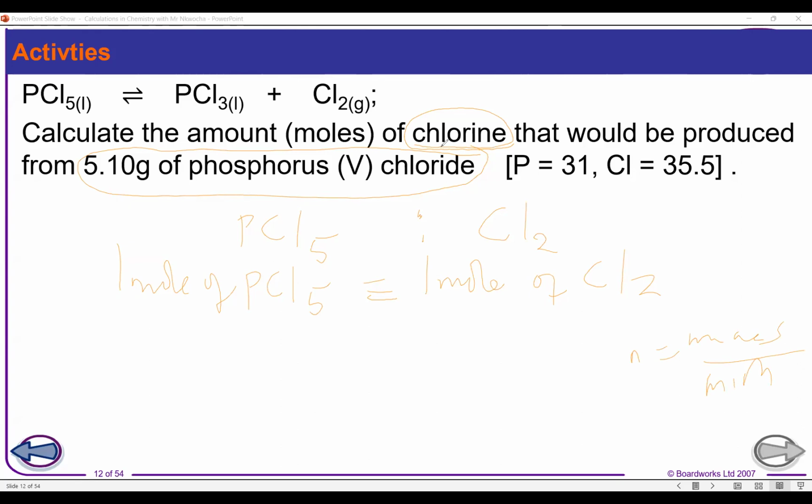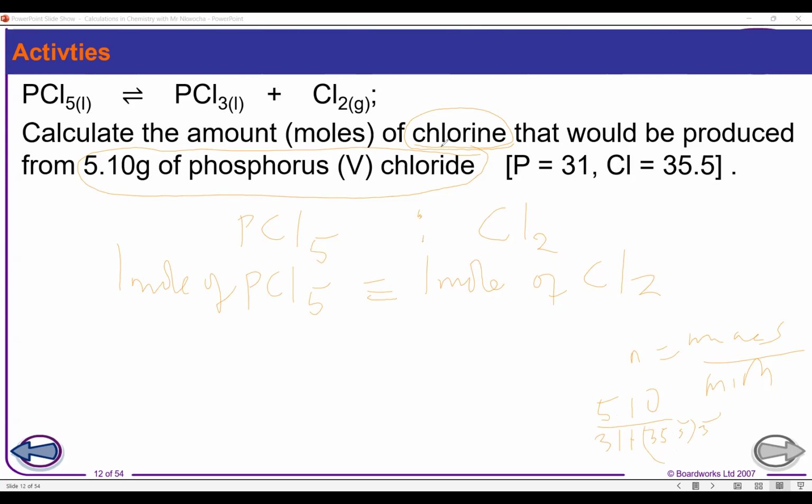So now they gave you mass, so that means you have 5.10 divided by molar mass. We have chlorine, which is 5 there. So we have 31 plus 35.5 times 5. Very, very simple.